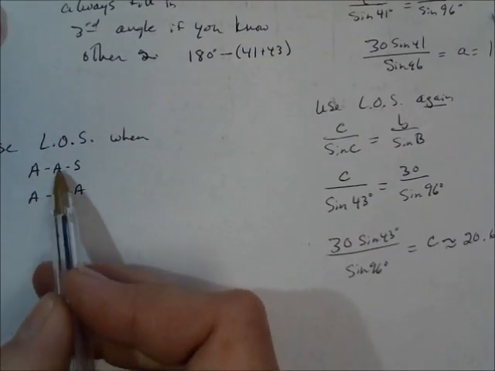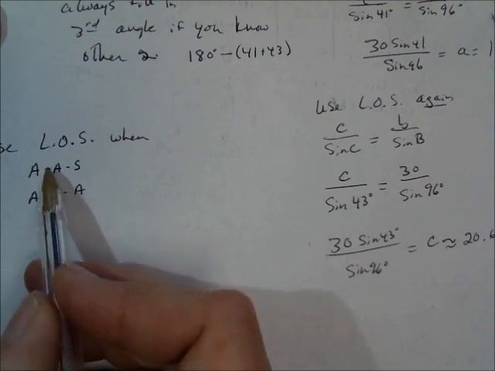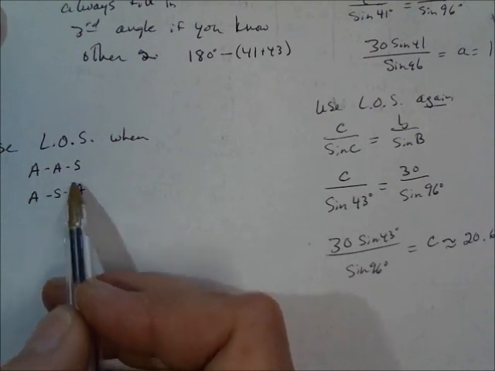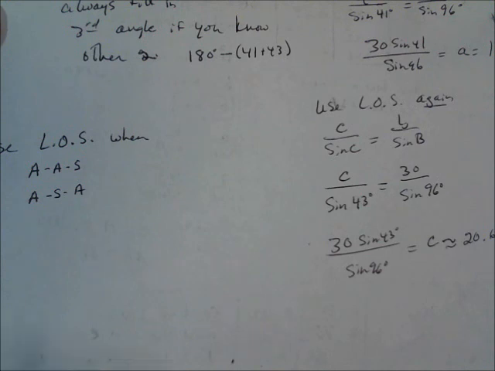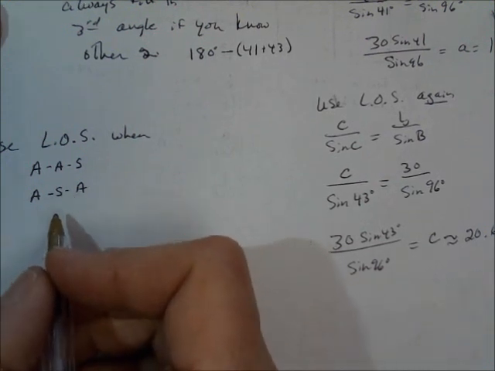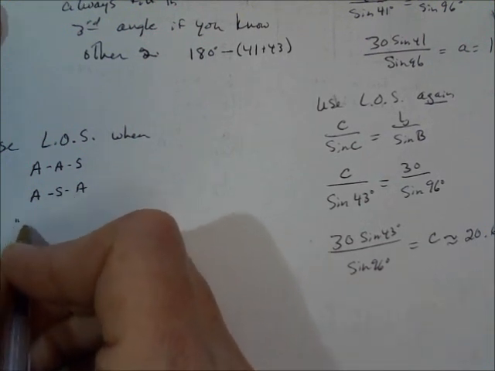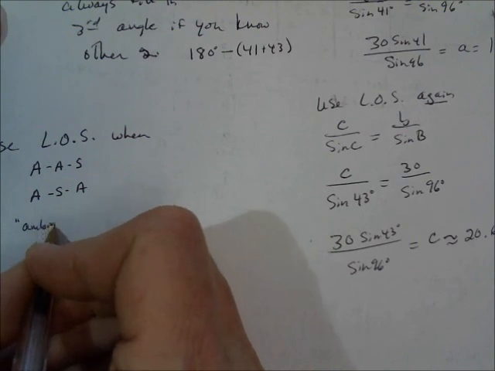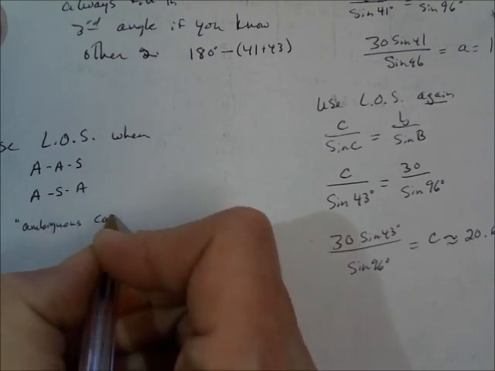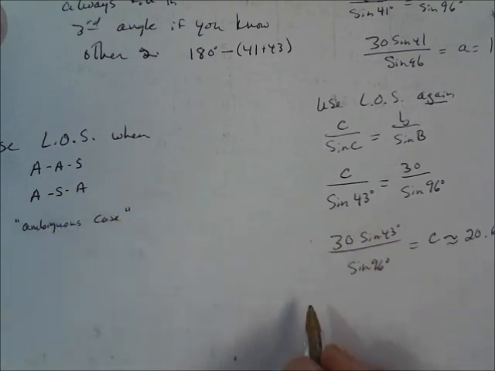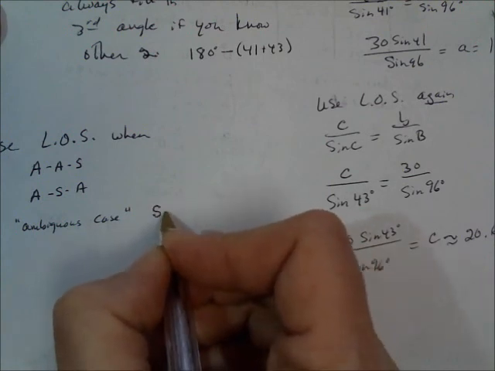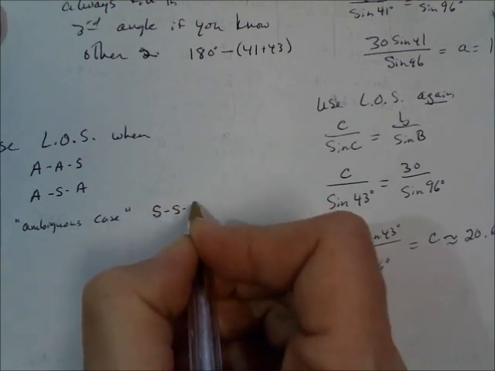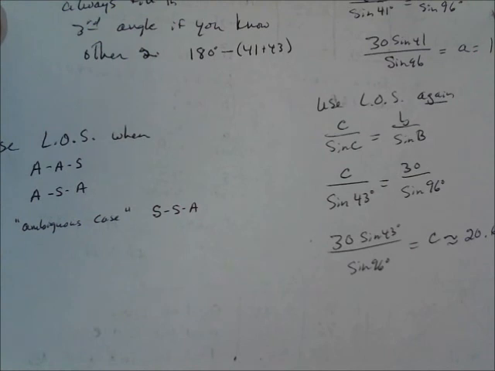If you know two angles, all you have to do is fill in the third angle, and then you can use the law of sines. And then we have an ambiguous case, like what we learned yesterday, when we have side, side, angle information.